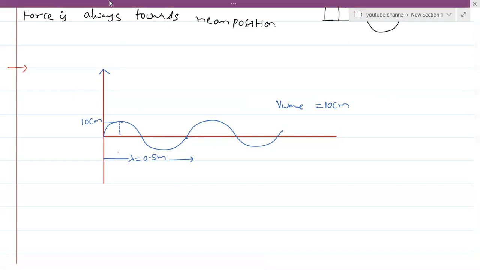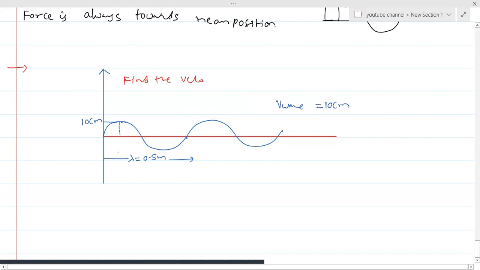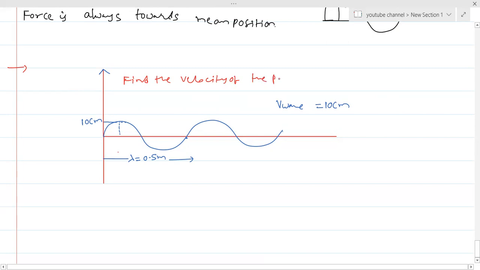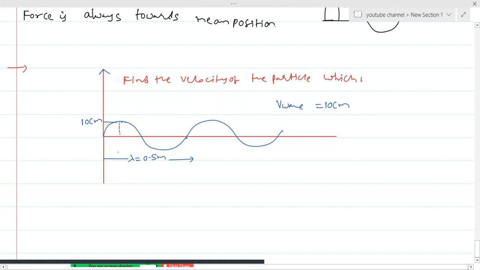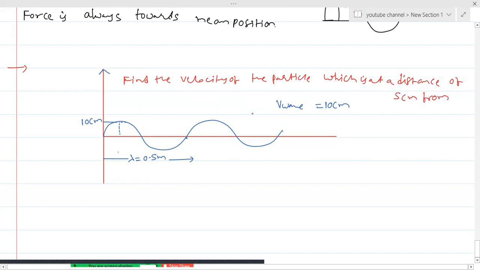So now the question is, find the velocity of the particle which is at a distance of 5 centimeters from the mean position.